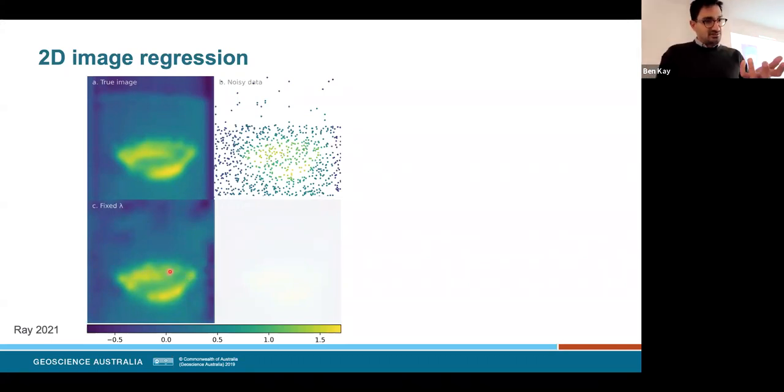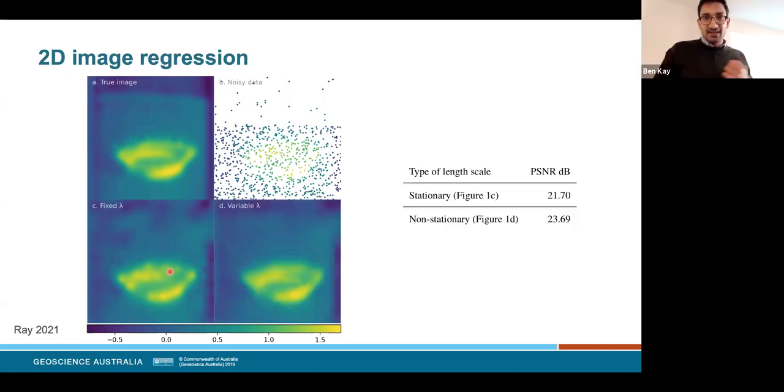Now, if I used a non-stationary trans-dimensional Gaussian process, where the length scales aren't fixed and I'm inverting for the length scales as well, voila. For those of you who aren't convinced, and the reviewers were like, yes, we can see this, but give us numbers, we give them numbers.